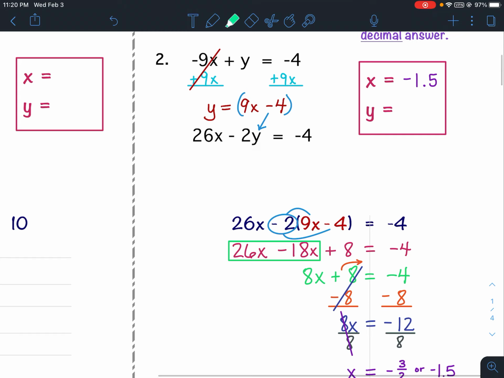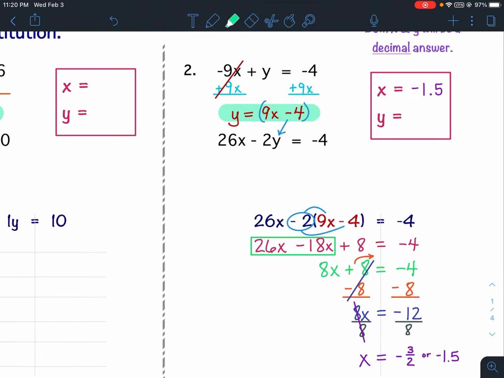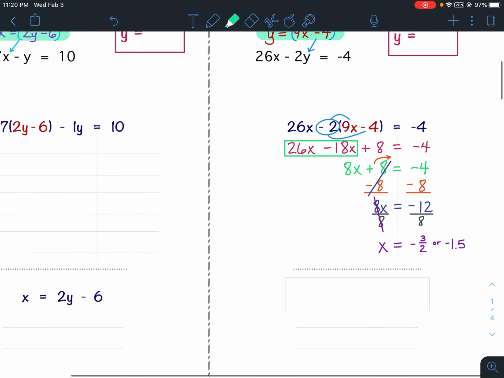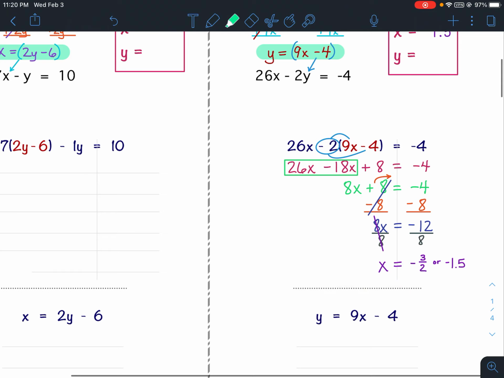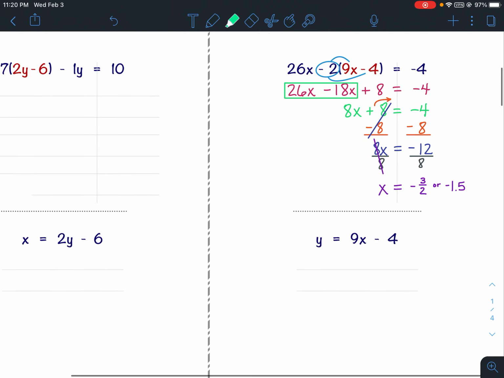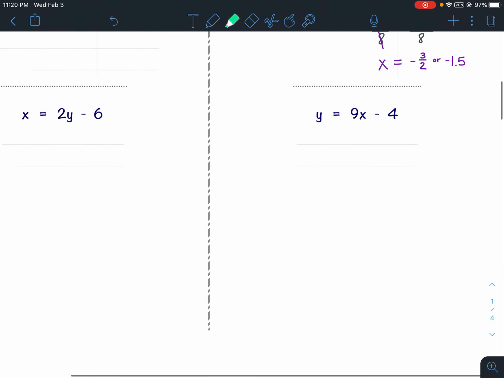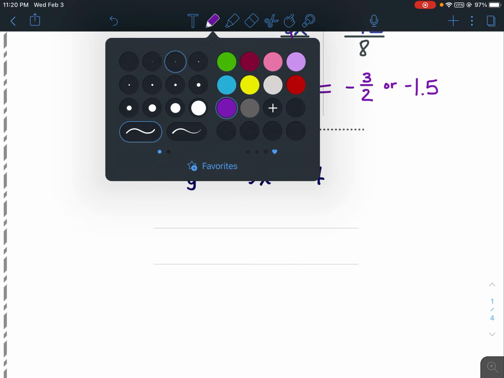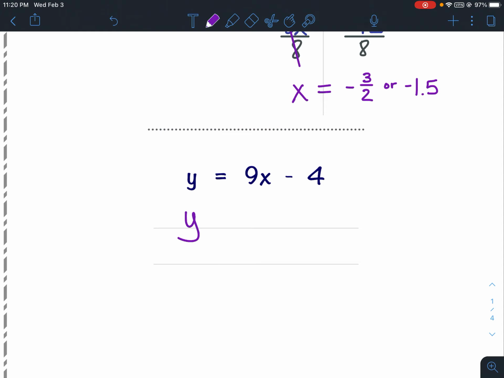Okay. I now need to solve for y by using this equation right here. So I'm going to take that y equals 9x minus 4 and just rewrite it down here. Then wherever I see a variable, that's where I'm going to put the parentheses. So I'll put the parentheses for x.